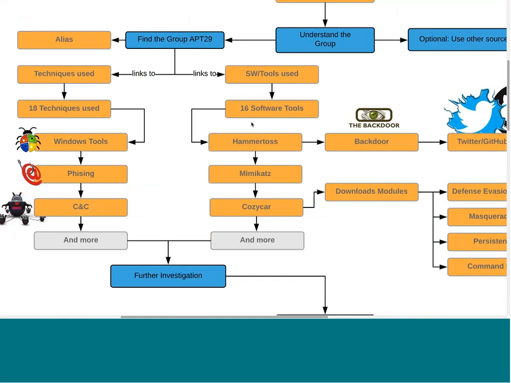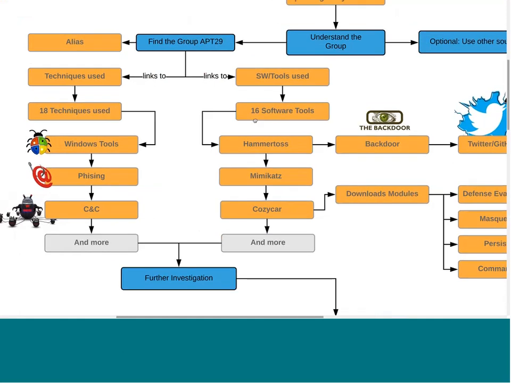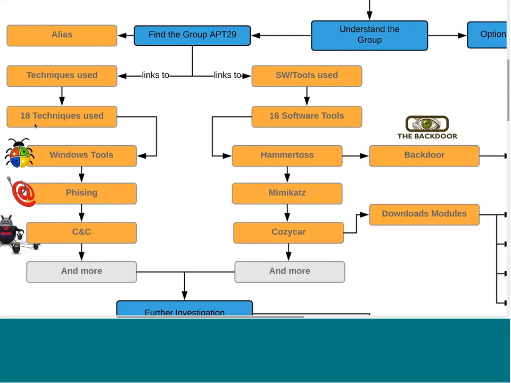So what is the important change for your endpoint strategy when the red circle does not indicate a file, maybe just malicious behavior, like that APT group here. On the left side, you see this group is using 18 techniques. One of them is Windows tools. What it means? Windows tools means command line arguments. CMD, Windows command line, it's just malicious behavior and not a malicious file.